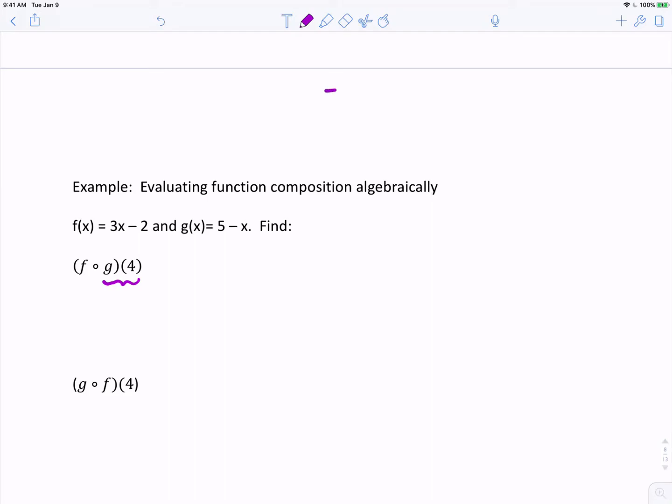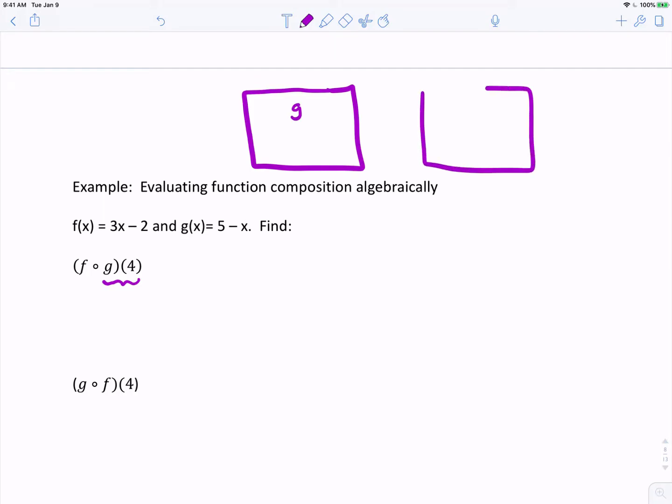So if I were to write this in terms of the boxes, first we're going to do function g, and then we're going to do function f. And function g is 5 minus x, and function f is 3x minus 2.